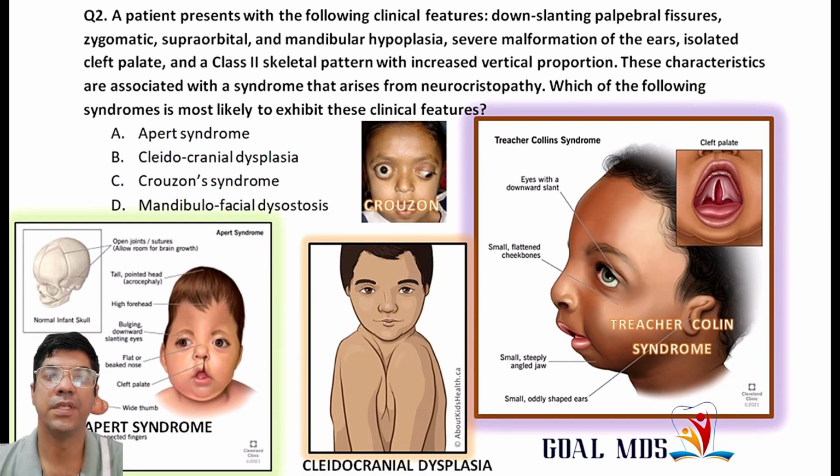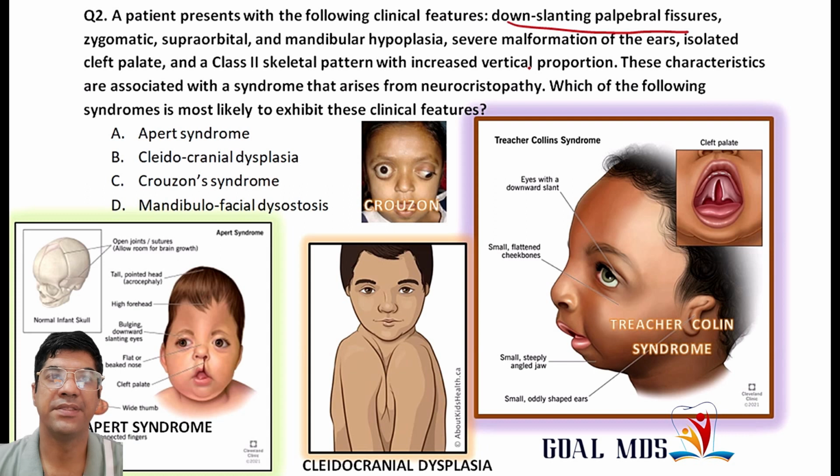Coming to the next question: a patient presented with the following clinical features: downslanting palpebral fissures, zygomatic, supraorbital and mandibular hypoplasia, malformation of ears, isolated cleft palate, and class 2 skeletal pattern with increased vertical proportion.